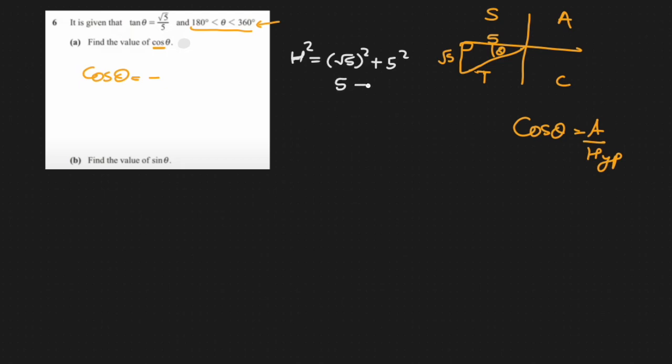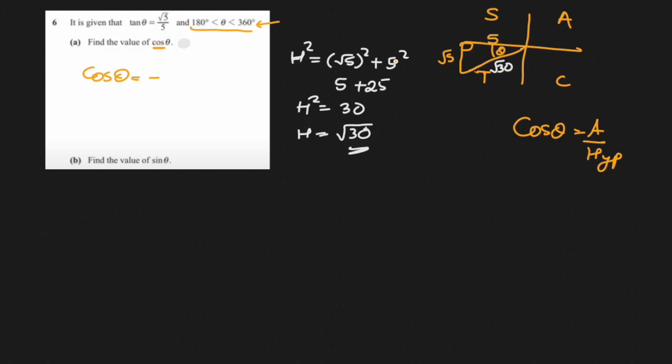So it is 5 plus 25. H square is equal to 30. So h will be square root 30. We cannot simplify it because none of the factors is a perfect square. So square root 30, we'll leave it. Okay, so this hypotenuse comes out to be square root 30, and that's what we will use here.